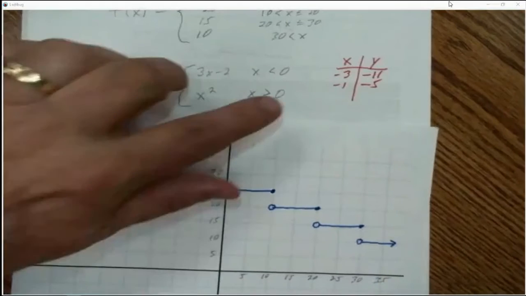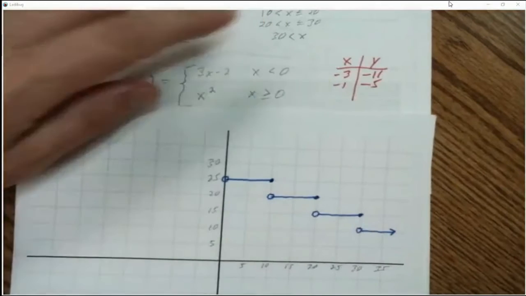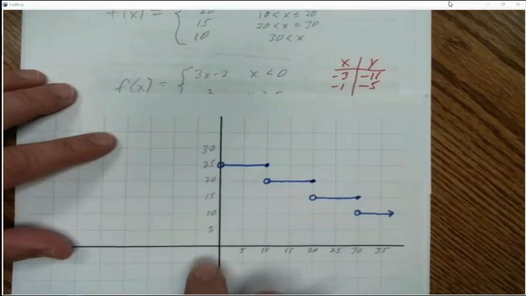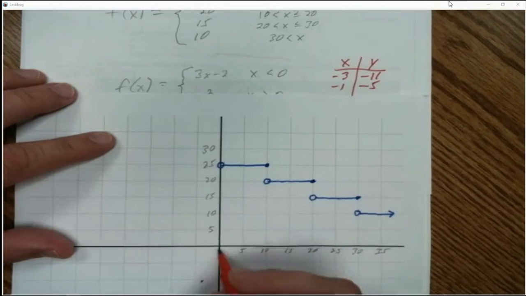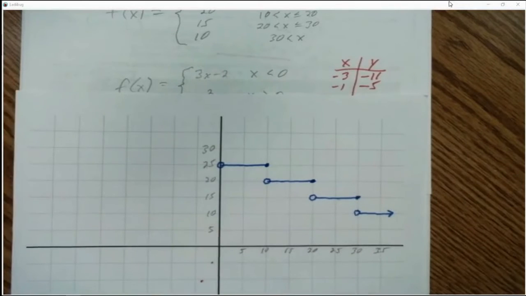So when I'm graphing that, I'm graphing these points, -3, -11, and -1, -5.